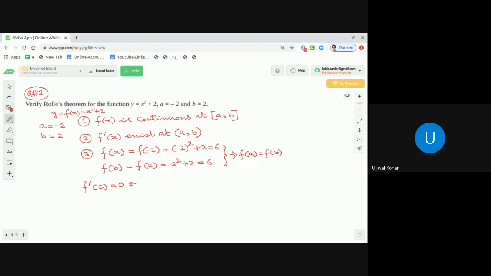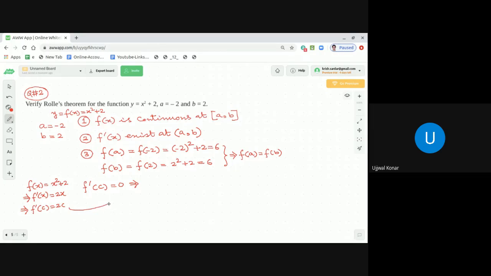So that implies what, dear students? f dash c is nothing but, if f(x) equal to x square plus 2, that implies f dash x equal to 2x. That implies f dash c is equal to 2c.